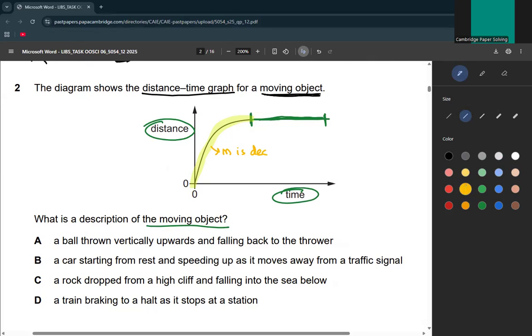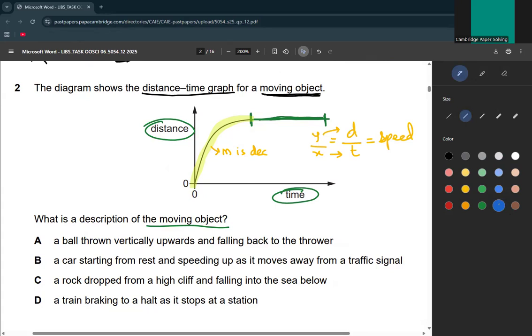So basically, gradient is equal to y upon x, right? So y is distance, x is time, and distance upon time is equal to speed. So basically, the gradient is telling us the change in speed, right? Okay. So let's just look at the options. What are they telling us?